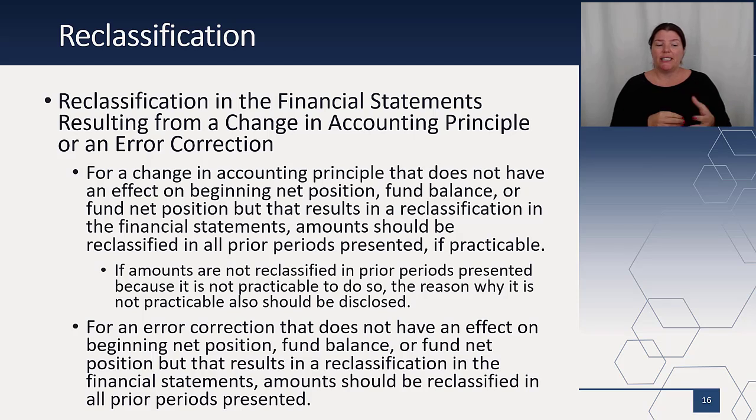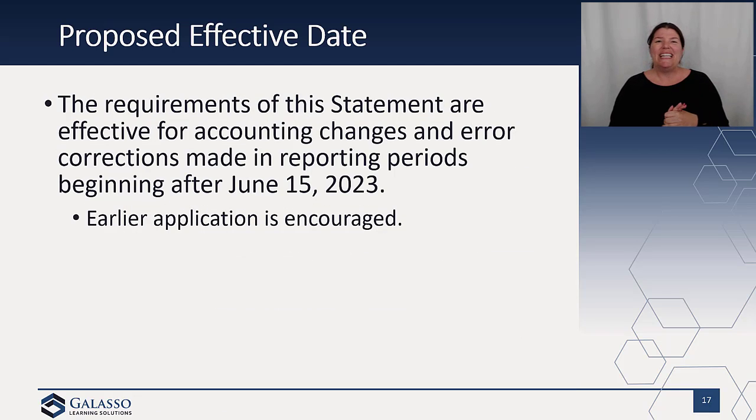If we do not have an effect on net position for a correction of error, but that results in reclassification, we should reclassify all periods presented. So when we went from operating to non-operating, or we're moving classification current, non-current, we want to make sure that that's reflected in all periods presented. So again, not necessarily completely different than today, but through a different focus, right?